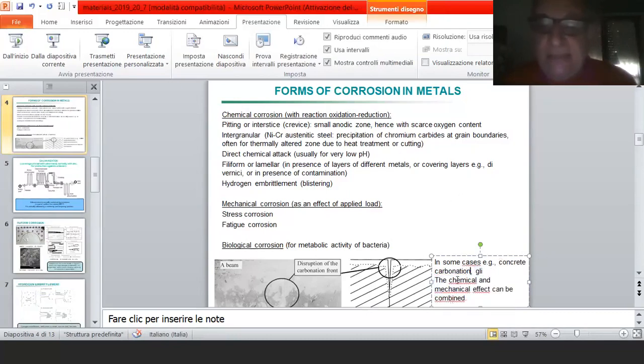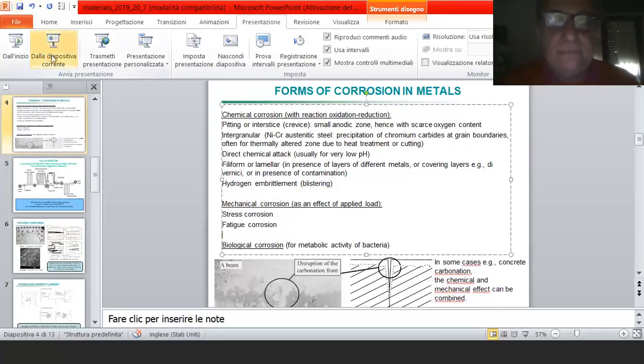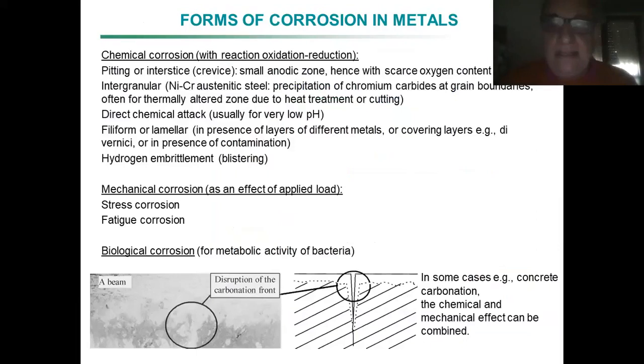You may remember that concrete is formed by calcium carbonate and aggregates, then you have stones or small stones or sand, etc. And if this is reinforced concrete, then you have also steel bars inside, steel bars which take the tensile action, which are subjected to tensile force.